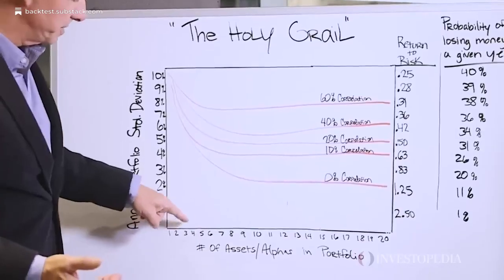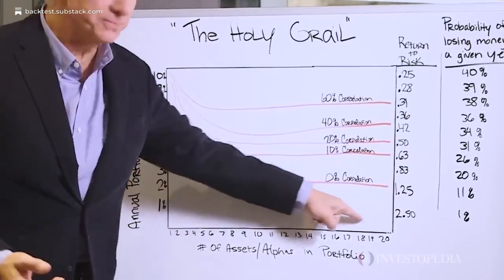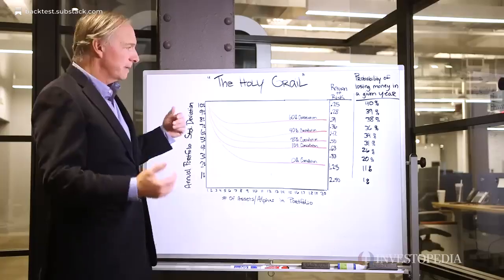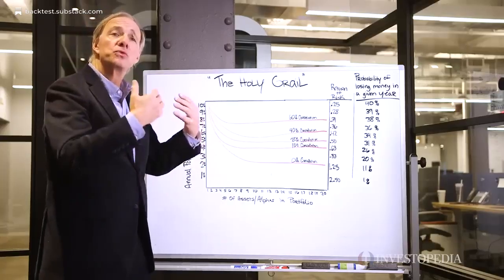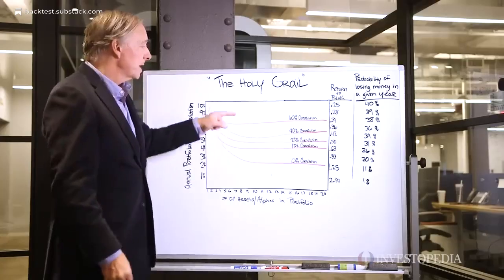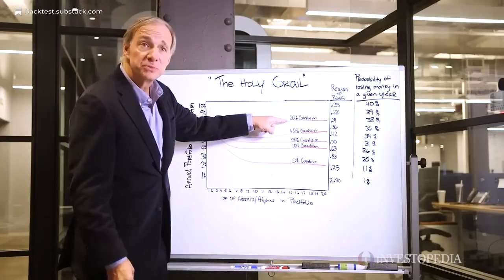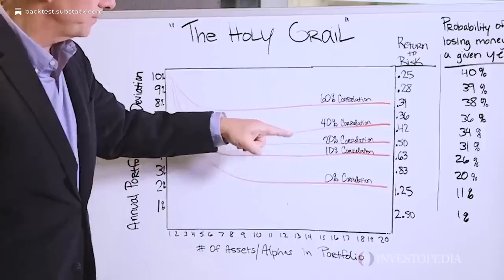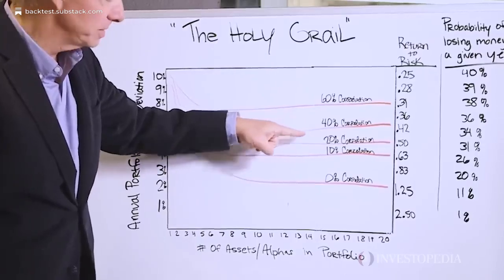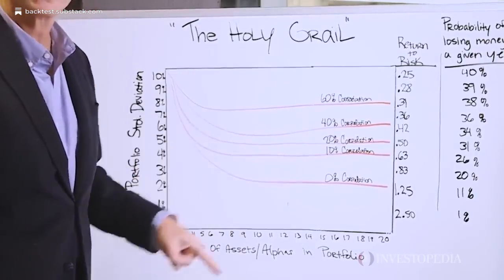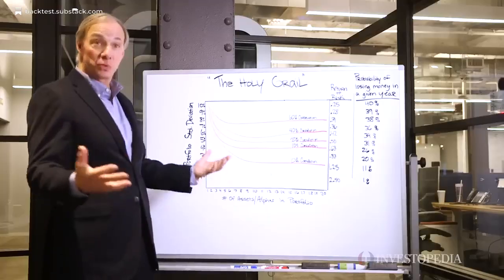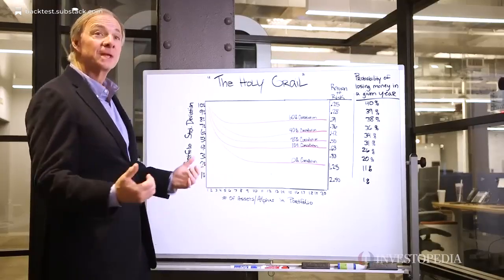I add in a second, a third, a fourth, a fifth, up to whatever number. How would that reduce my risk if it on average has a 60% correlation? Or if it has, on average, a 40% correlation, or a 0% correlation? How would that change? I wanted to know that.